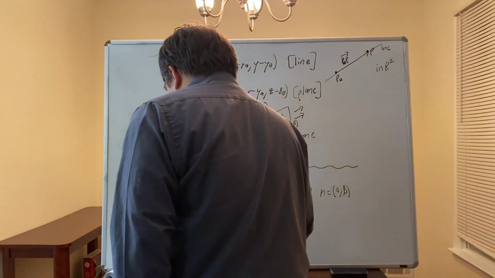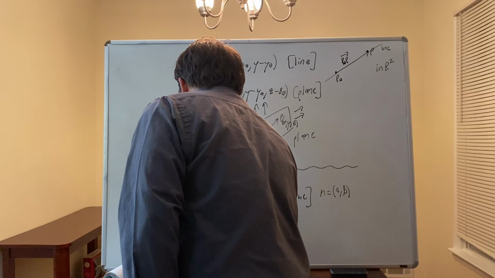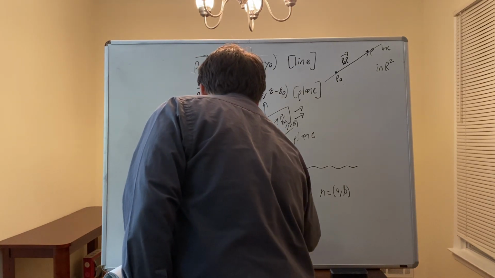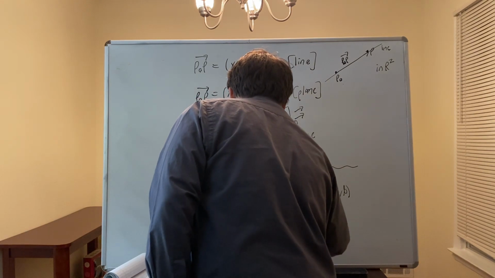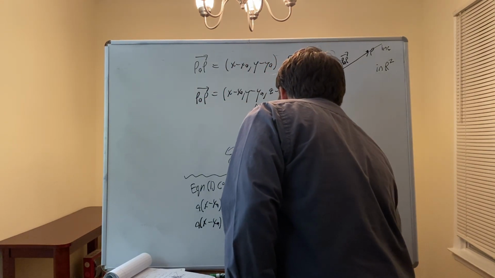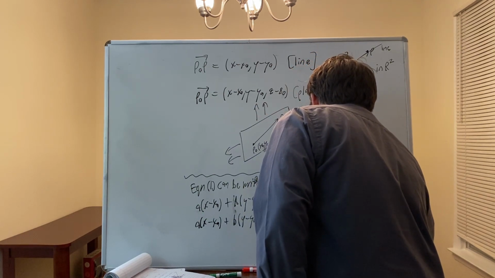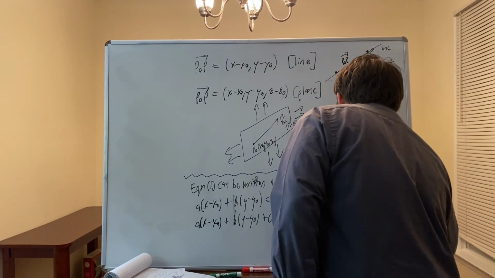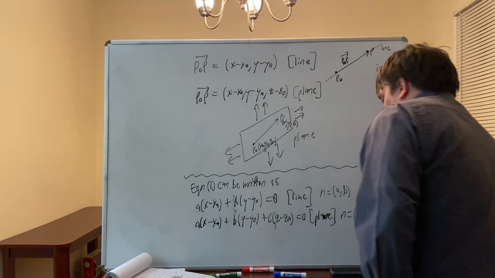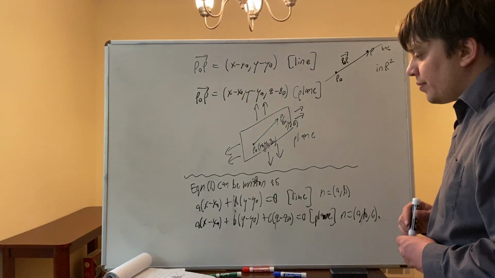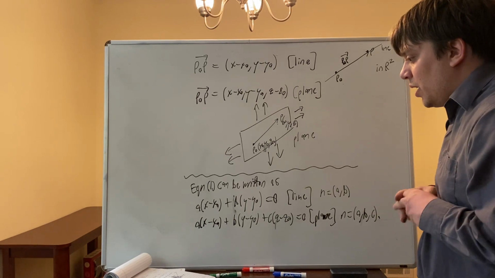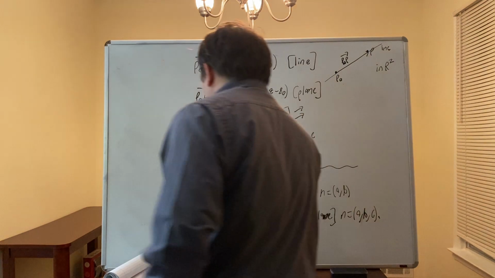And then a times x minus x naught plus b times y minus y naught plus c times z minus z naught is equal to 0. That's for a plane. And here the normal vector is a comma b comma c. These are called component forms.